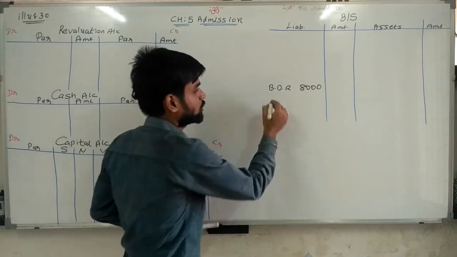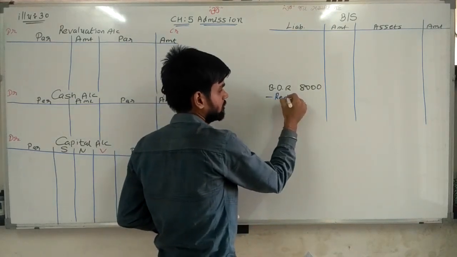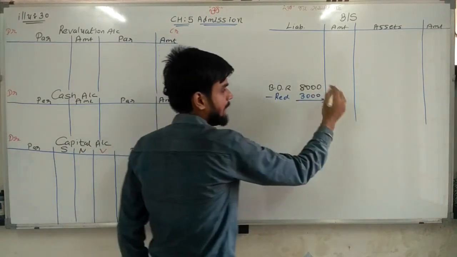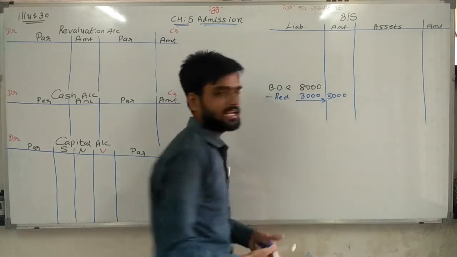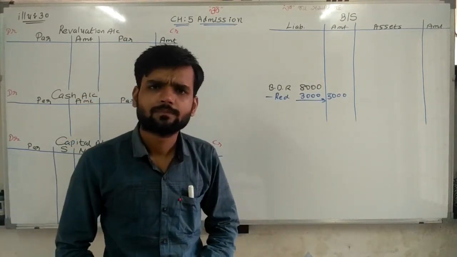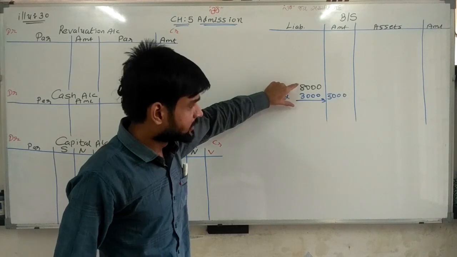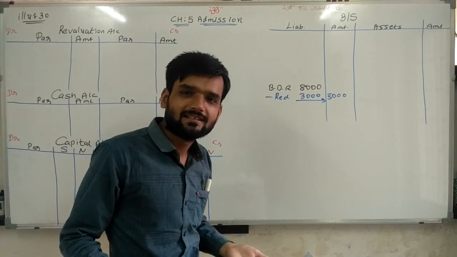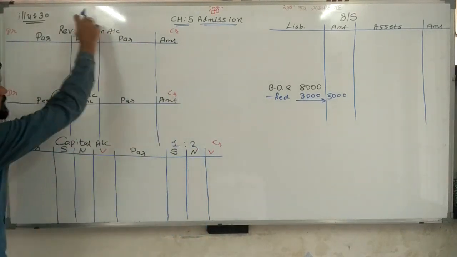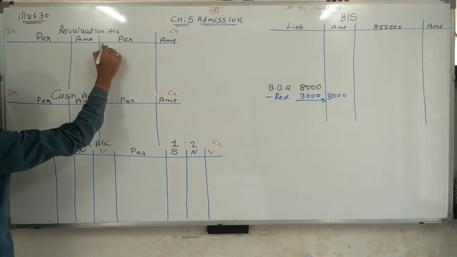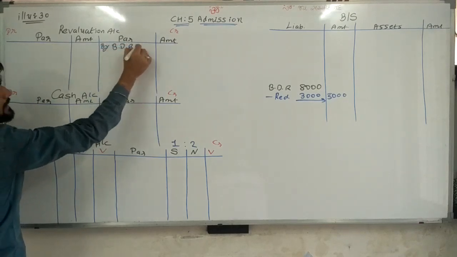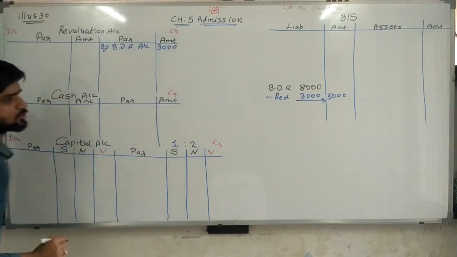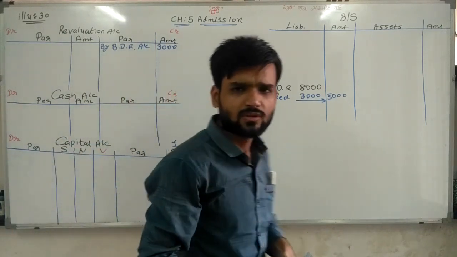It means 3,000 rupees reduced in bad debt reserve. So in the outer column I can write 5,000. Simple one. Now this 3,000 is a liability. Liability decrease means happy. Simple. So happy means revaluation account credited by bad debt reserve account 3,000 rupees. That's it. Going ahead.